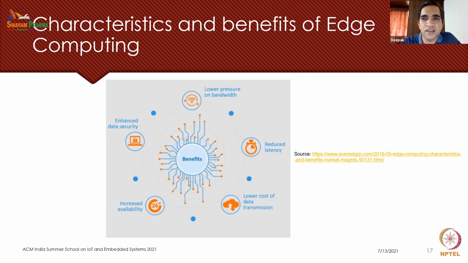This was something that we touched upon earlier, that since things are now more distributed, and since these nodes are much closer to the end devices, the chances of an attack are lesser, because you're not sending the data all the way to the cloud, and the data resides in a more localized scenario.